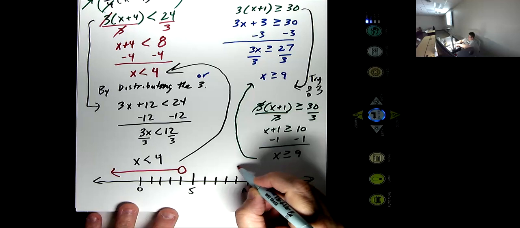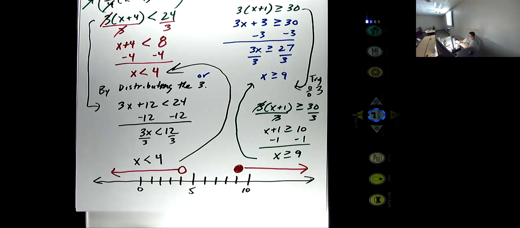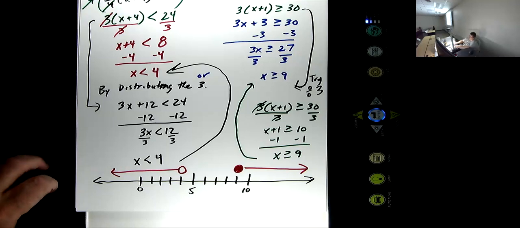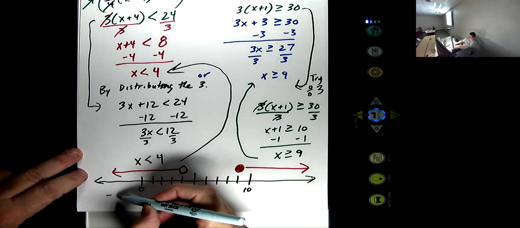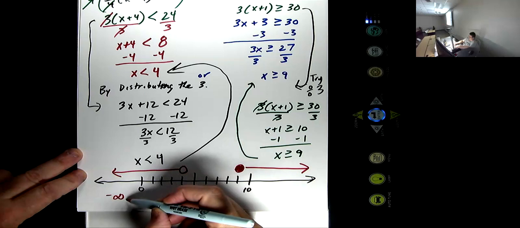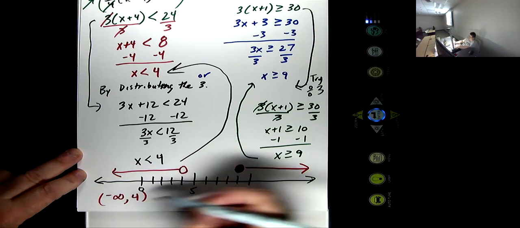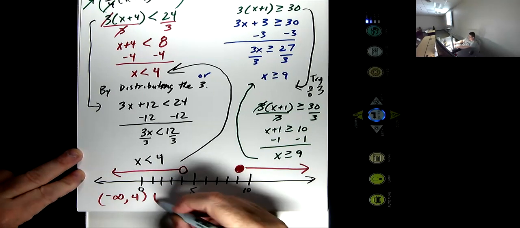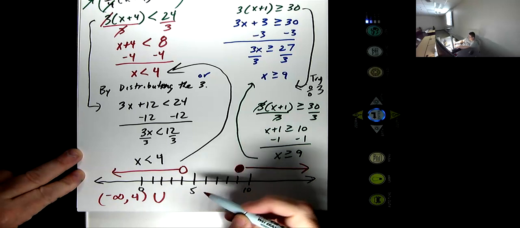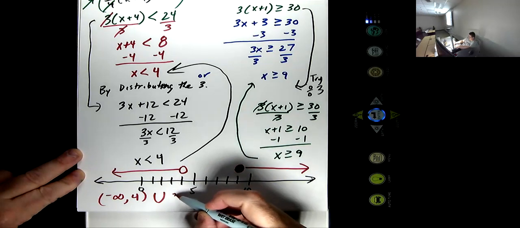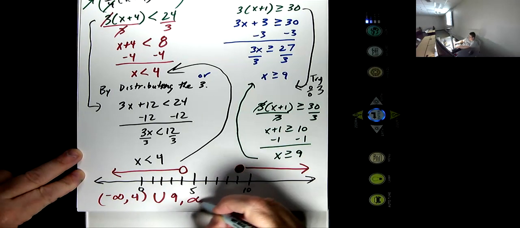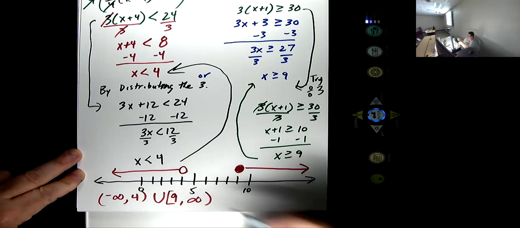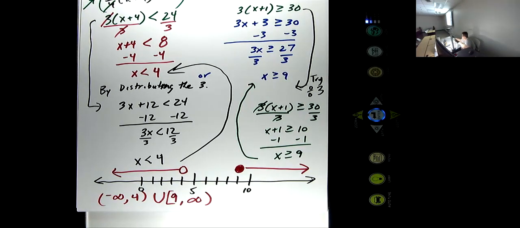And greater than or equal to 9 gets a solid point at 9, pointing to the right. So I have negative infinity all the way up to 4, and they both get parentheses, in union with 9 to infinity. 9 gets the bracket, and infinity gets the parentheses.